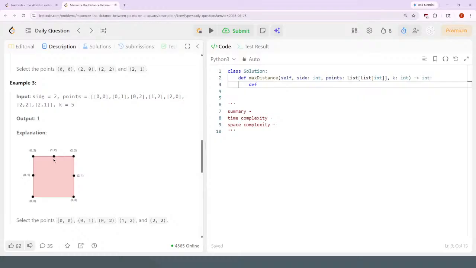One, two, three, 4. So the maximum distance would be here. Maximum distance if the points were at the opposite diagonals. 2, 3, 4.